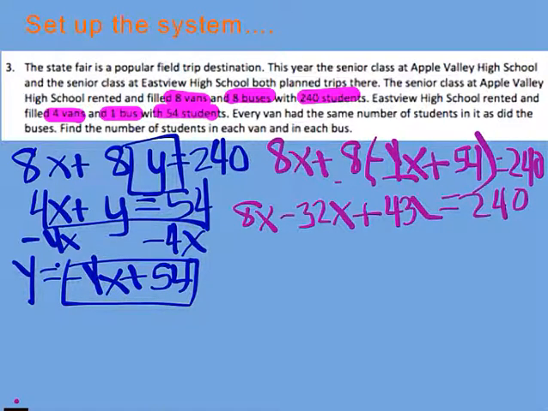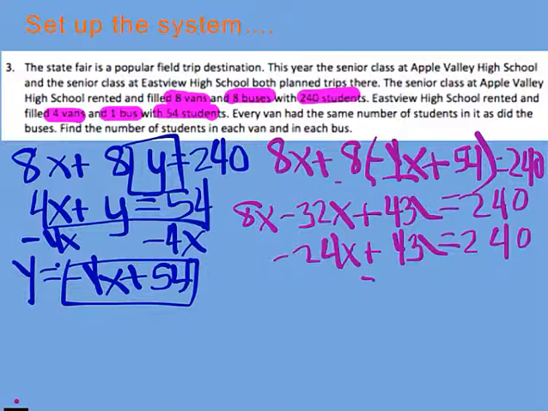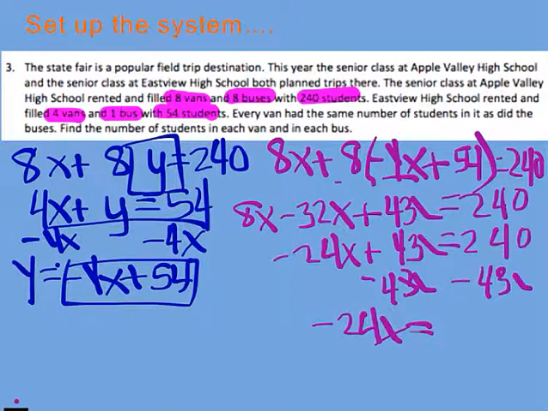So 8 minus 32 is negative 24x, plus 432 is equal to 240. We're going to subtract the 432 from both sides, and we get negative 24x is equal to 240 minus 432, which is negative 192.